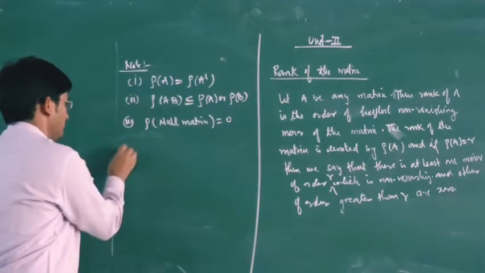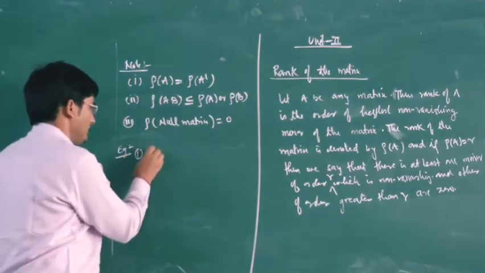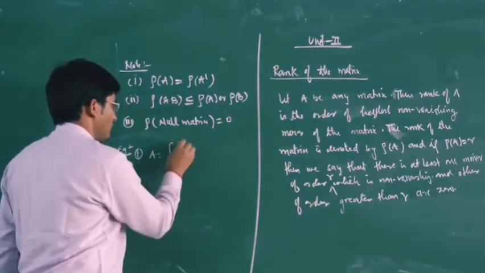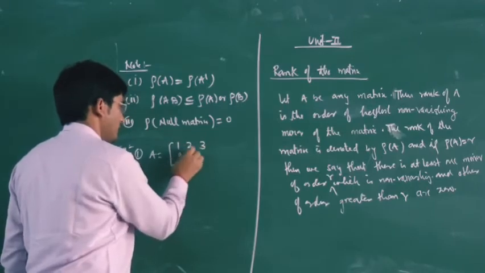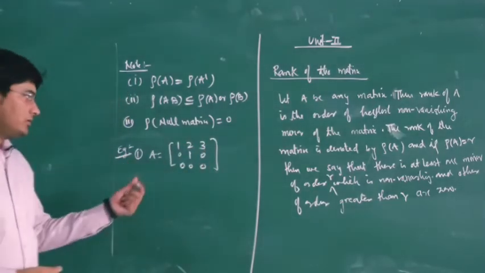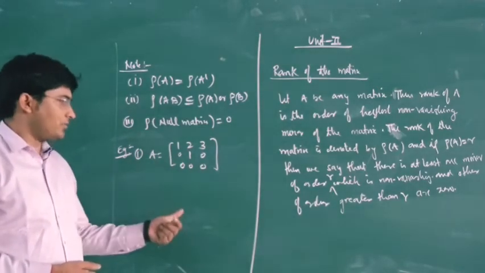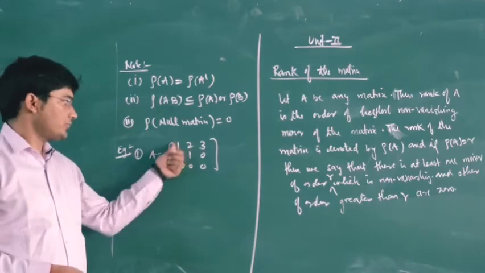Now let us see example number 1. Suppose that this is your matrix: 1, 2, 3, then 0, 1, 0, then 0, 0, 0. Here the order of the matrix is 3 cross 3, and here we have a minor of order 2.